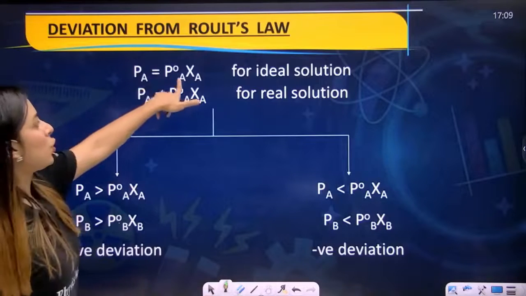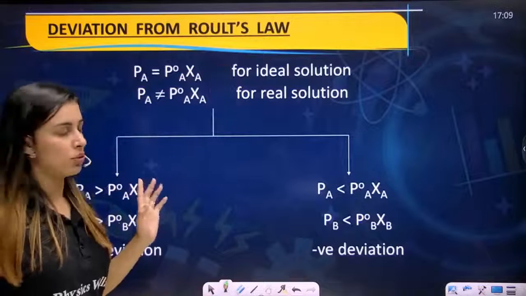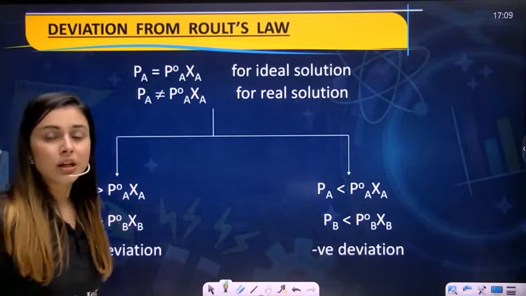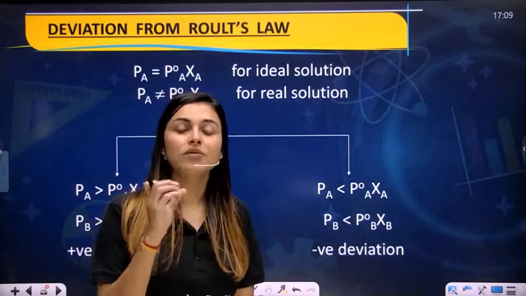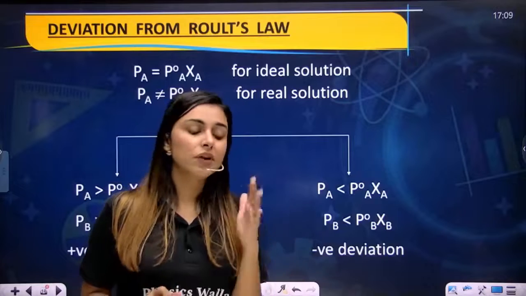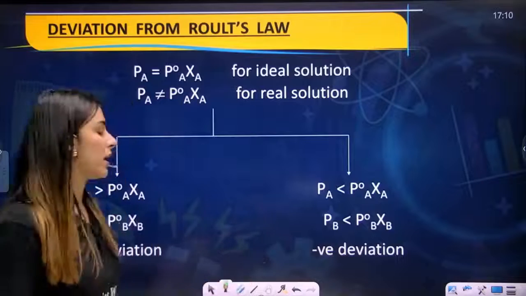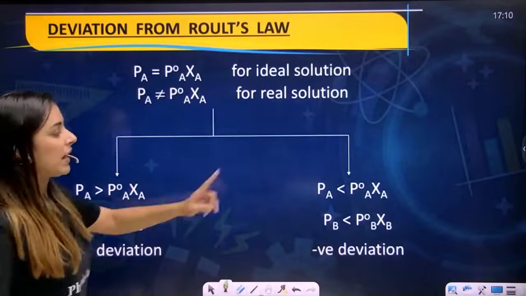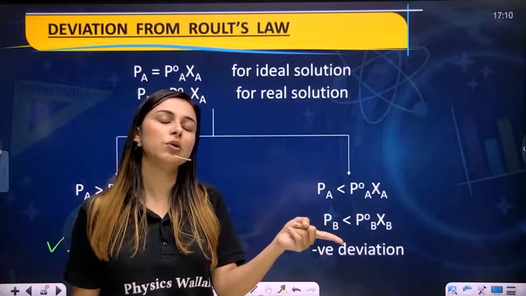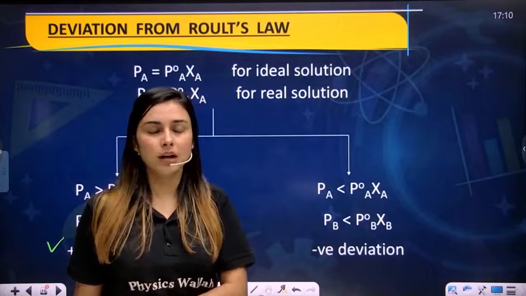PA is equal to PA naught XA for ideal solutions, and PA is not equal to PA naught XA for real solutions. Now my dear students, for a positive deviation, the vapor pressure of the solution will be more than that calculated for the ideal solution. If the vapor pressure of the solution is more than that calculated from Raoult's law, that is known as positive deviation. And if the vapor pressure of the solution comes out to be less than that calculated from Raoult's law, it is known as a negative deviation non-ideal solution.